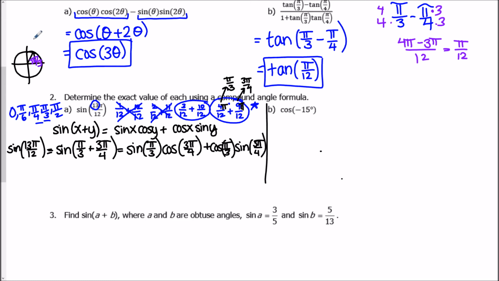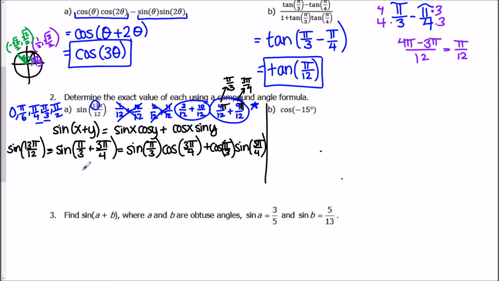And I know that the coordinate of pi over 3 is going to have to be 1/2 comma root 3 over 2. Okay, and then for cosine of 3 pi over 4, I know that this is where 3 pi over 4 is. From here all the way to here is 3 pi over 4, and I know that this coordinate is negative root 2 over 2, root 2 over 2. So I can fill in all of that information right here. Okay, so let's go ahead and do that.